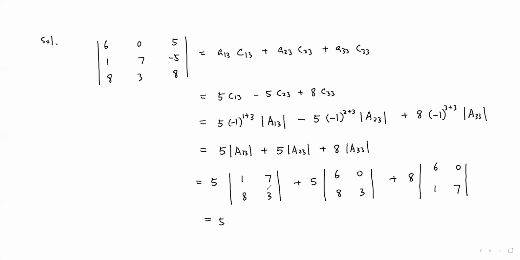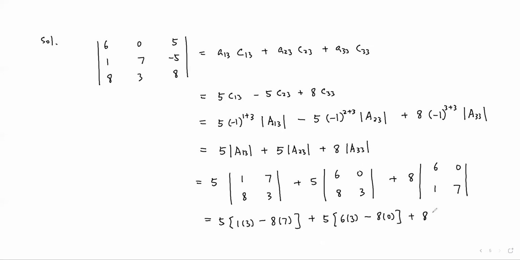Now we have 3 2 by 2 determinants to compute. But for 2 by 2 determinants, we have a formula. It is the product of the main diagonal entries, 1 times 3 minus 8 times 7. Then plus 5 times 6 times 3 minus 8 times 0.